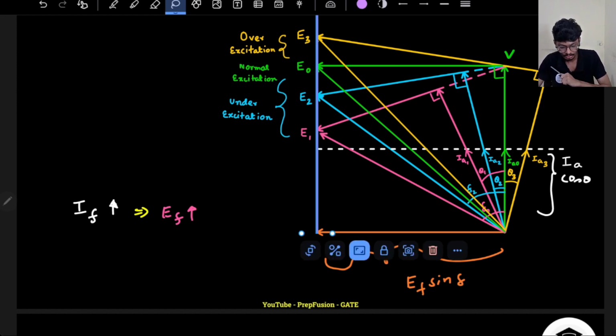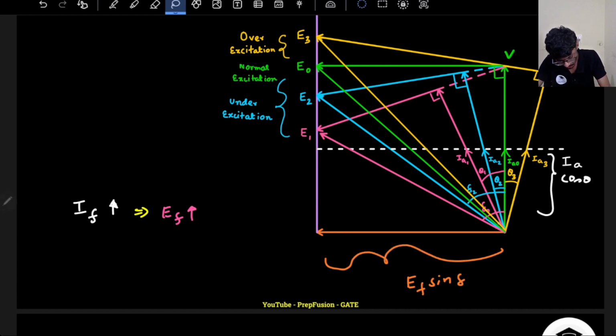What is happening to the armature current? If you notice carefully, as I increase excitation, where is the armature current? For this pink line, the armature current is here, and for this blue line, the armature current is here.